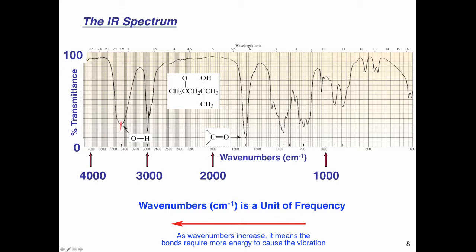And now follow that down to the x-axis, and you'll see this little black mark. Someone's done this for us. This is an image from the textbook. And you'll notice that the minima, the bottom of that peak, is at 3460, where this black mark is. That is the range of an OH stretch. So the position of this along the x-axis tells us what kind of stretch we have.